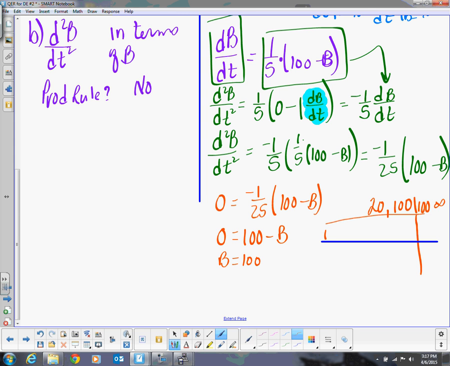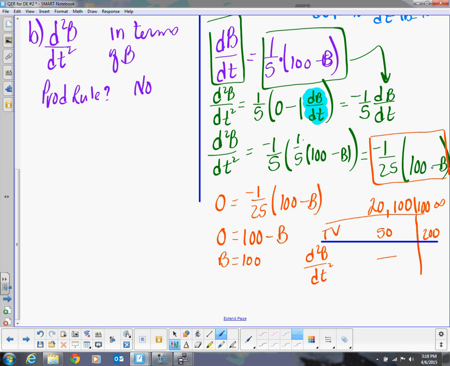So we're going to do test values. Why don't we pick maybe 50 and maybe 200, I suppose. Test values, so second derivative. My second derivative, d2b over dt2. If I put 50 in my second derivative, 100 minus 50 is positive 50 times a negative is going to be a negative.